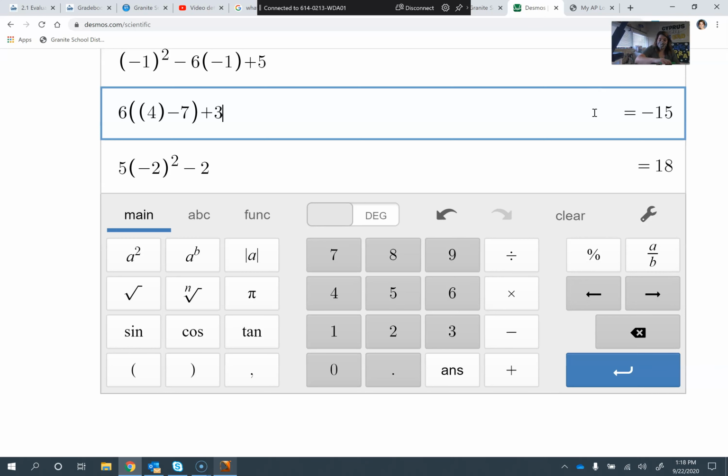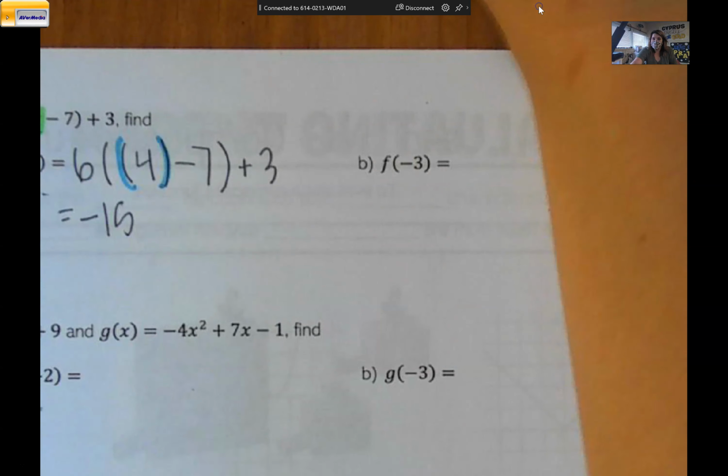So parentheses aren't absolutely necessary in that one, but it does help to make sure that you are getting the right answer. Okay, you try f of -3 now. So you try b. It's the same function.